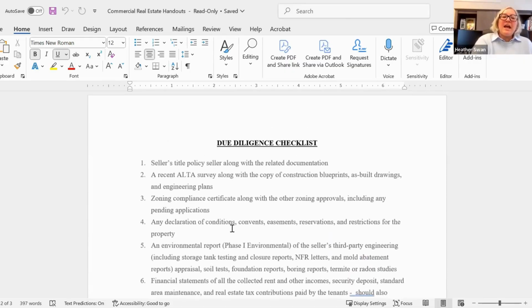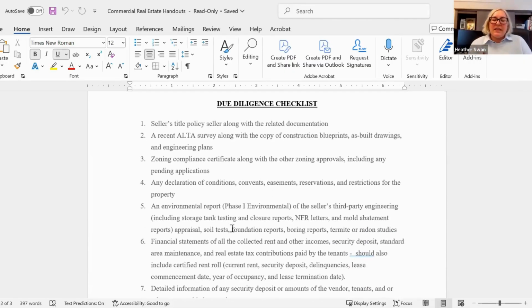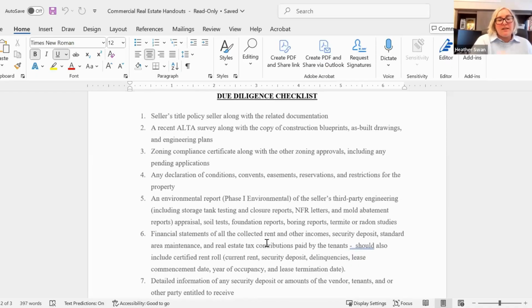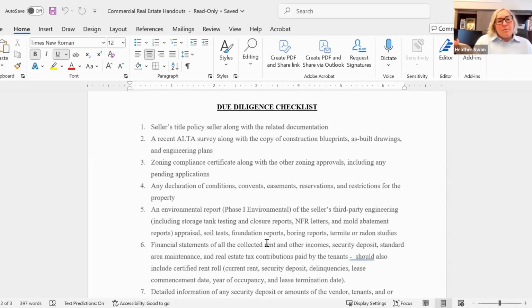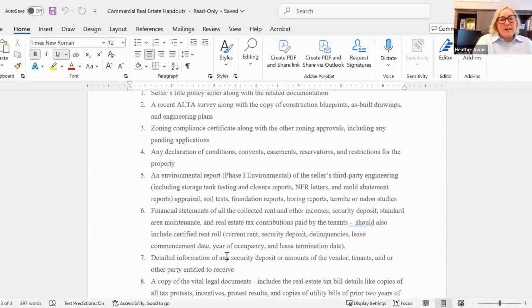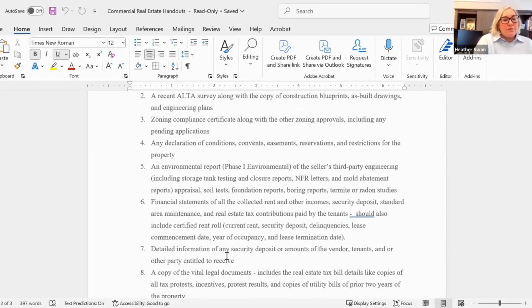to the buyer. And again, this is what typically the lawyers ask for and review in a commercial transaction. But if you're working with a seller who's going to be listing commercial property, as you're preparing that listing, you may want to advise them: to the extent you have these items, get them together because your buyer is going to want to see them.